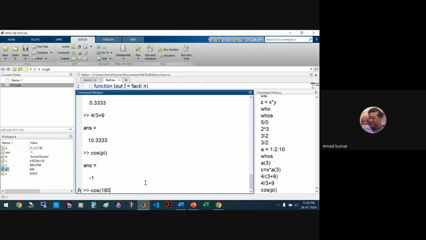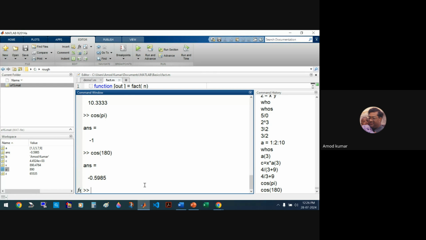It will understand this 180 as radians, so it will give something else that you can see. Just mind that all the angles are to be mentioned in radians and not in degrees. Secondly, you have to use parentheses to evaluate all the trigonometric quantities. Not only trigonometrics, many things.